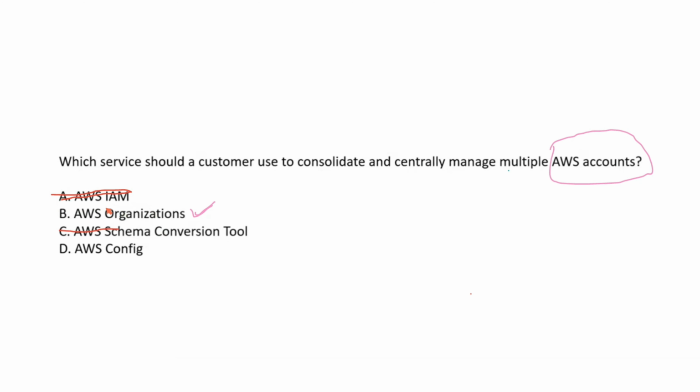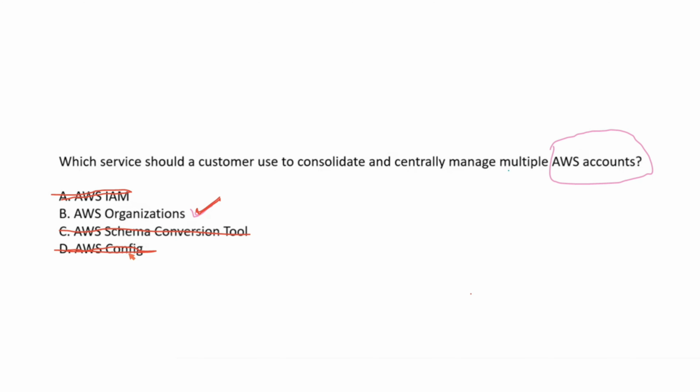Schema Conversion Tool is used to migrate your on-premise data to cloud computing. And Config doesn't have to deal with AWS accounts, and hence Organizations is the best fit here.